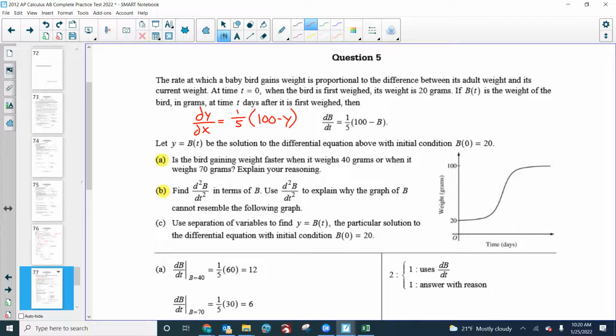Let B of t be the solution to the differential equation above, with initial condition B of 0 equals 20. All right, is the bird gaining weight faster when it weighs 40 grams or when it weighs 70 grams? Gaining weight faster, and what you might want to write down is the units on this. What are the units of dB dt?